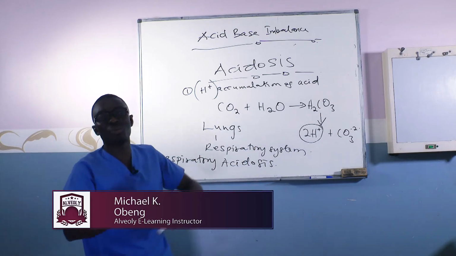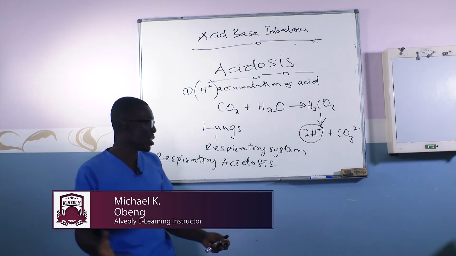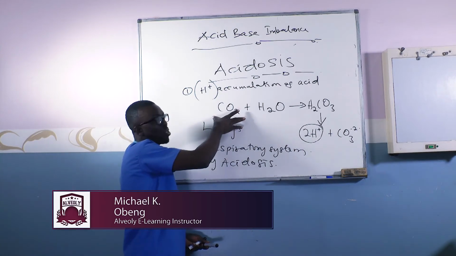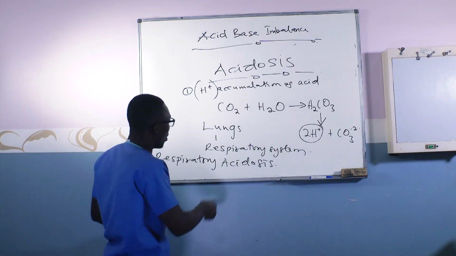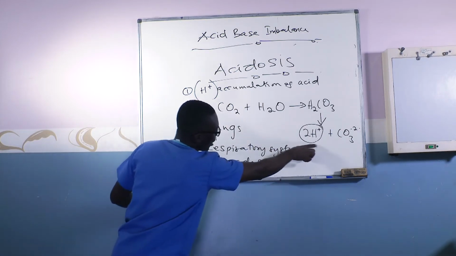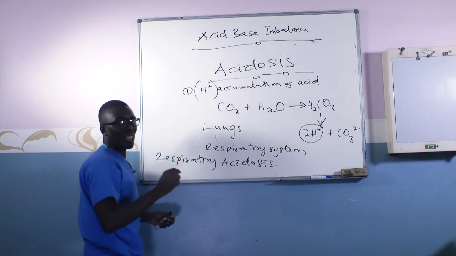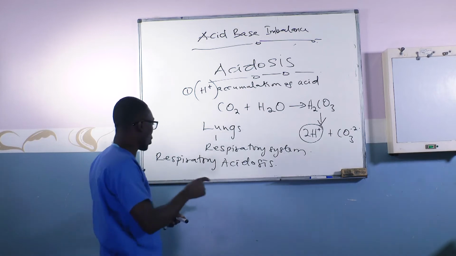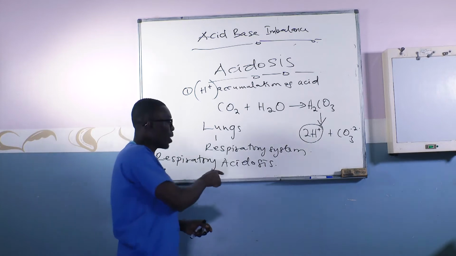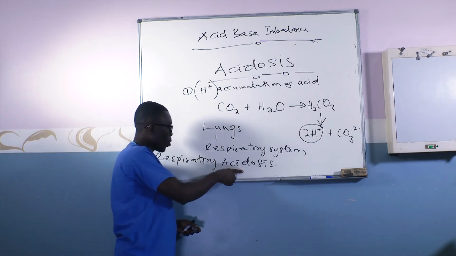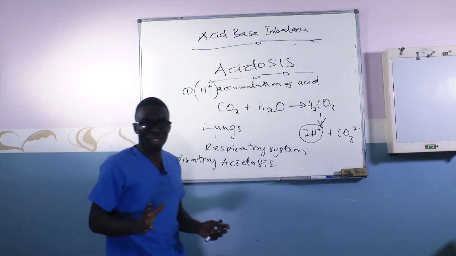So if there is any respiratory problem, it can be asthma or any respiratory tract condition that leads to excessive accumulation of carbon dioxide in the body, then it will lead to excess H+ ions or hydrogen ions. Then it leads to acidosis. Then we term that type of acidosis as respiratory acidosis. This is because the cause of the acidosis is a respiratory problem. Very, very simple.